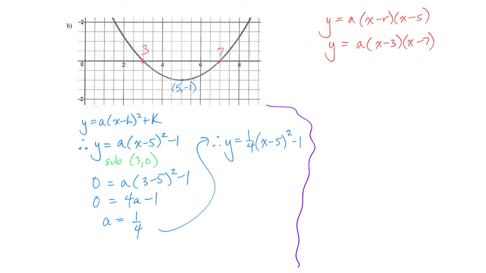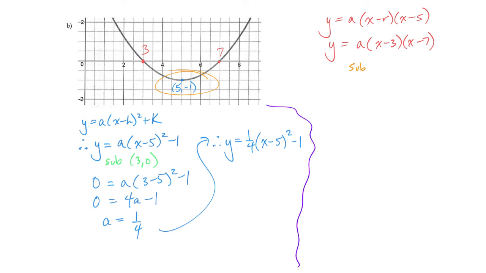Recall that if I have an x-intercept at 3, then it must have come from a factor of x minus 3. Well, now that I have that, you'll notice we're kind of in the same predicament. I'm still missing that a value, that stretch factor, that shape. Well, this time I used my x-intercepts to build my equation. Now I need to use my other point. So in this case, I'm going to use my vertex to determine the shape.